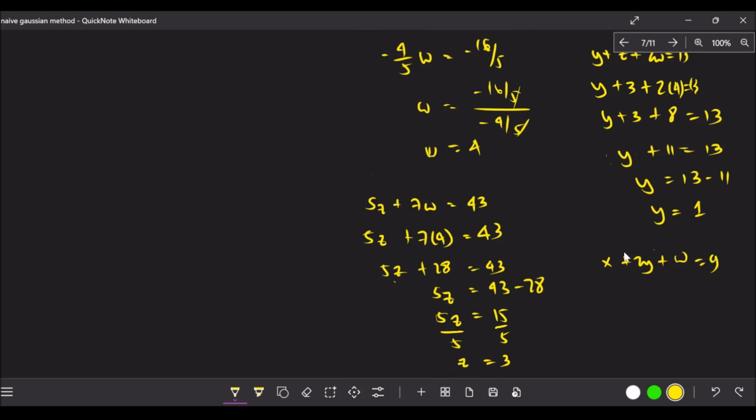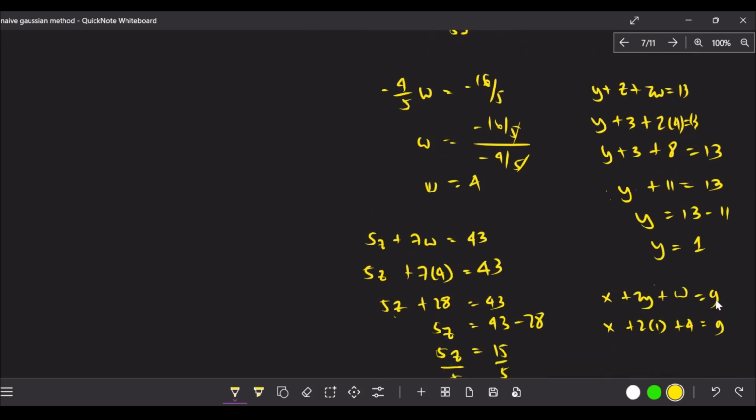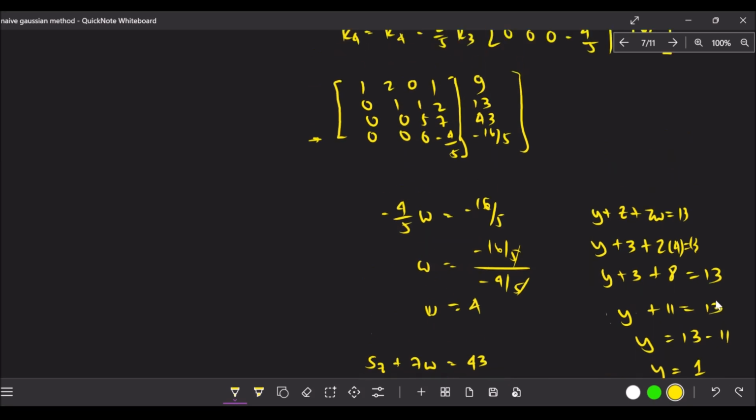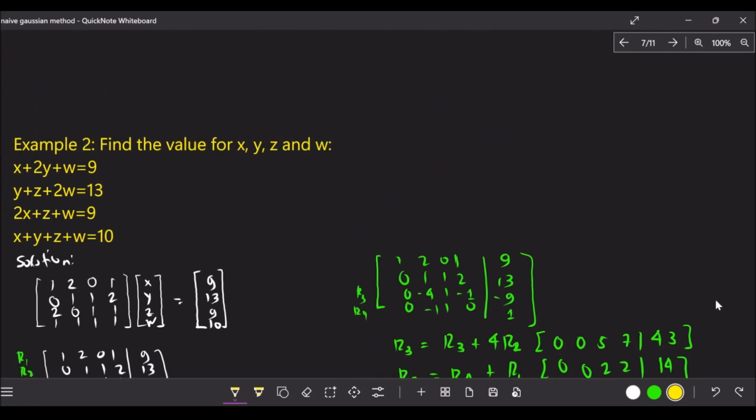So substituting, x plus 2 times 1 plus 4 is equal to 9. So do we have a coefficient for x here?